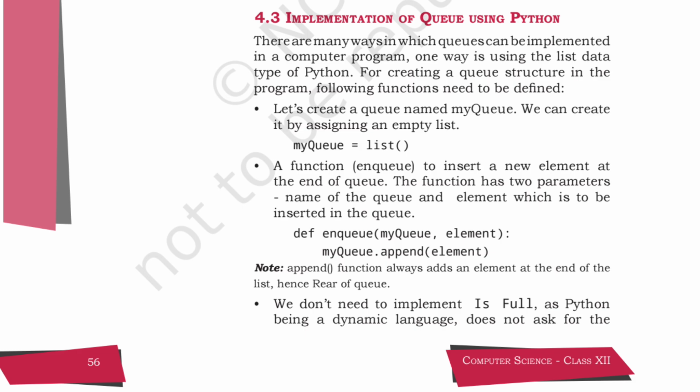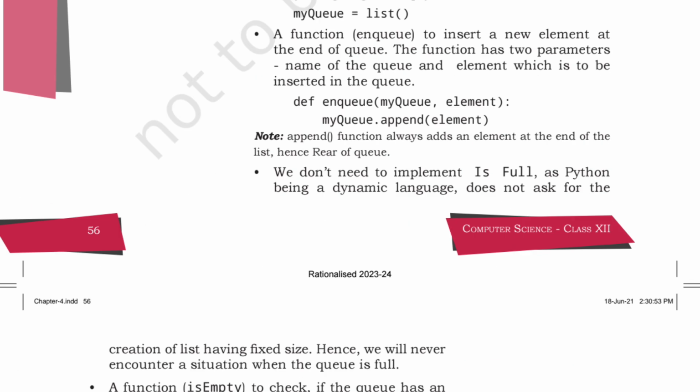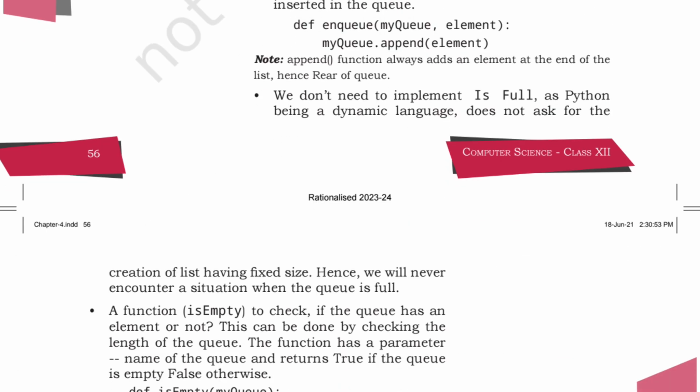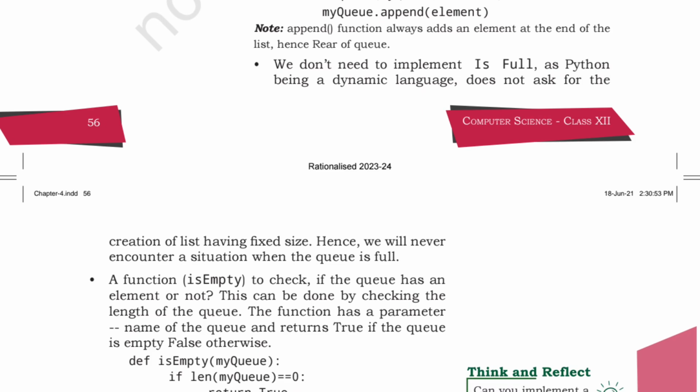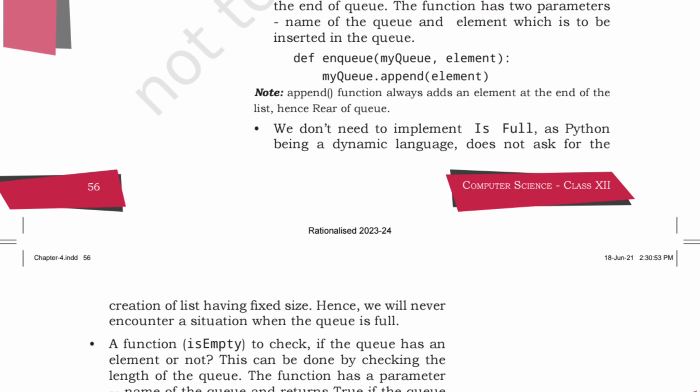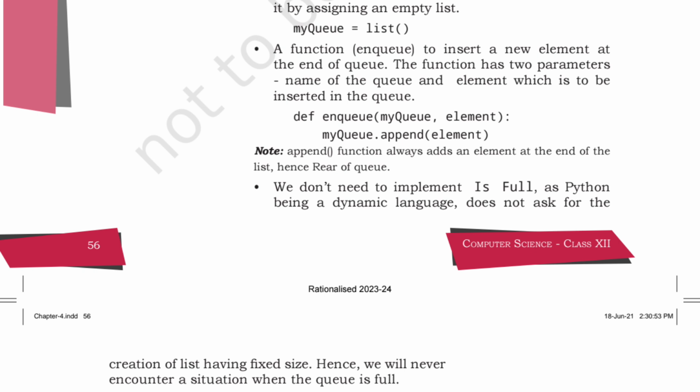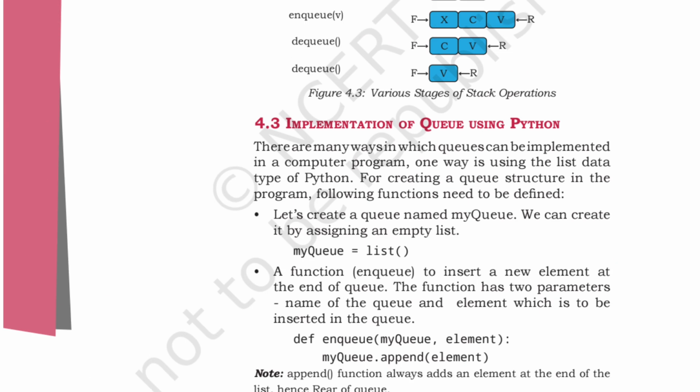Okay, so we don't need to implement isFull. There is no need to implement isFull, as Python being a dynamic language does not ask for the creation of a list having fixed size. Hence we will never encounter a situation when the queue is full.